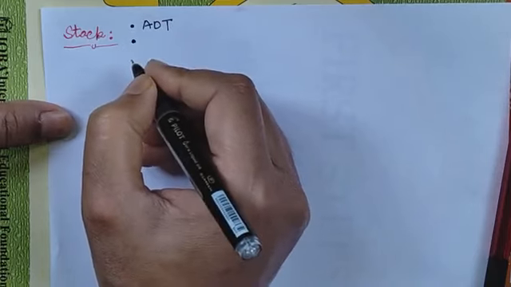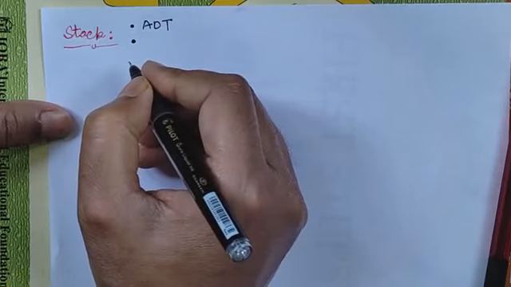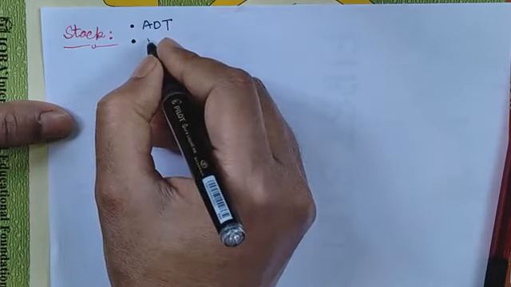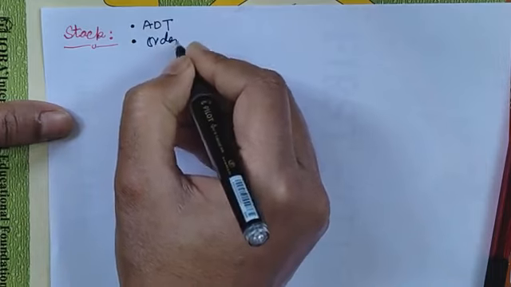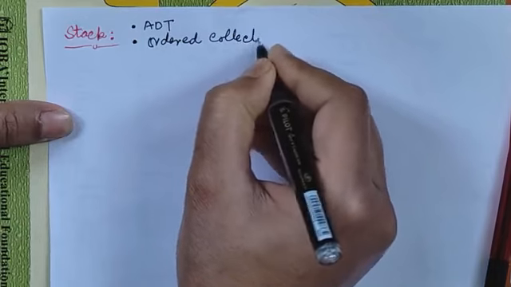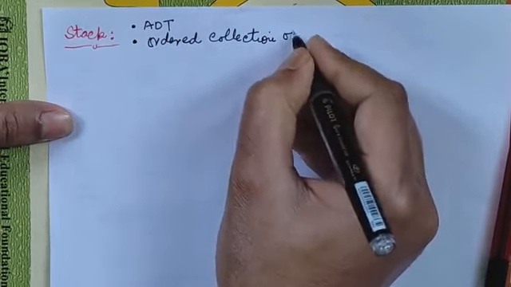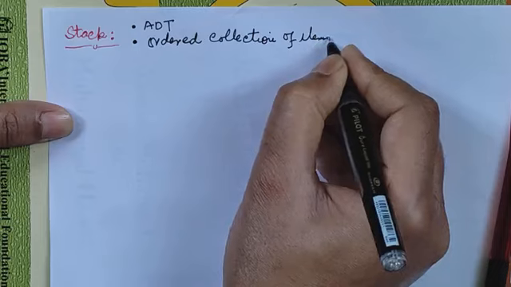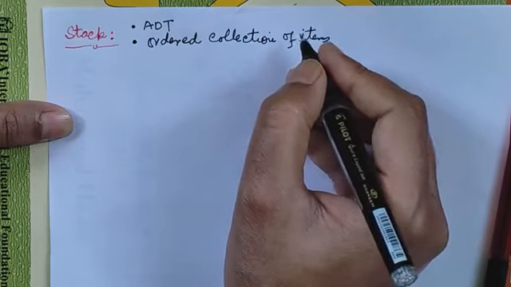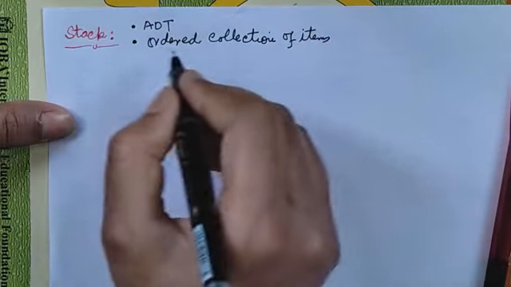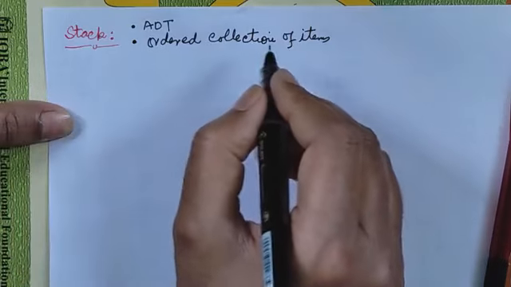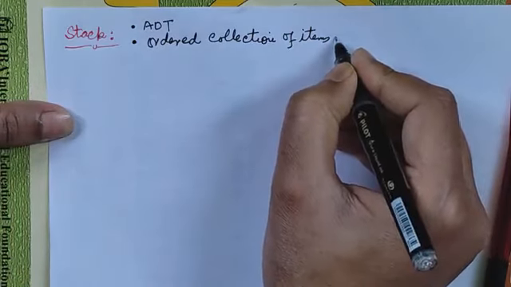Then the second point which you would remember, in fact learn, is that it is an ordered collection of items, right? So stack is an ADT and a stack is an ordered collection of items.